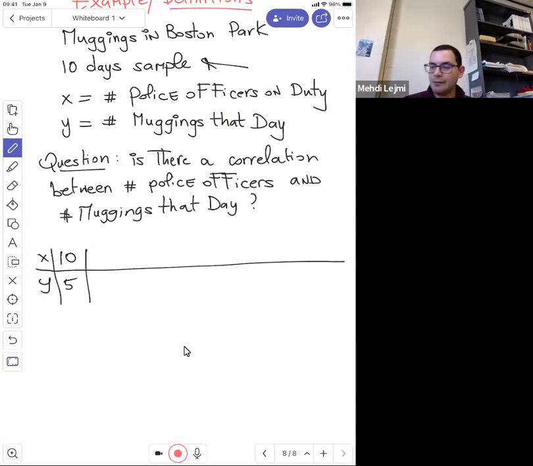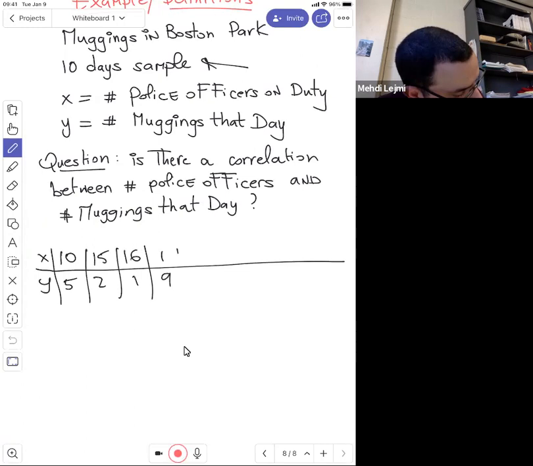Next day, second day, we have 15 police officers on duty, and then we have just 2 muggings that day. Third day, we have, let's say, 16 police officers, just 1 mugging. Next day, we have just one police officer on duty, and then 9 muggings.